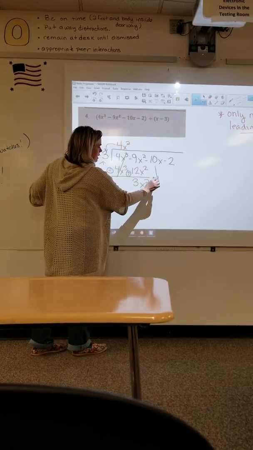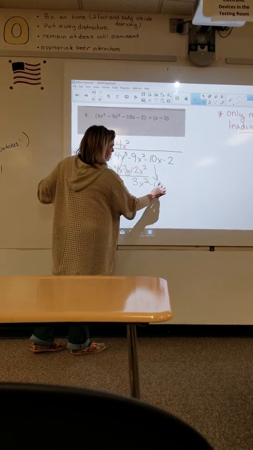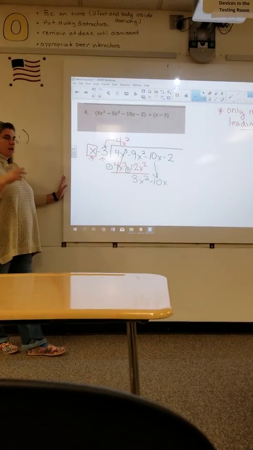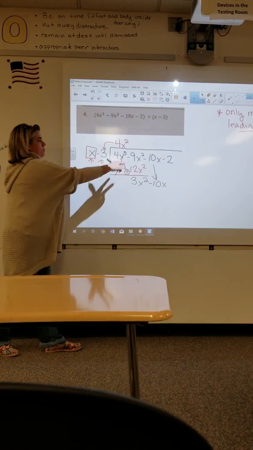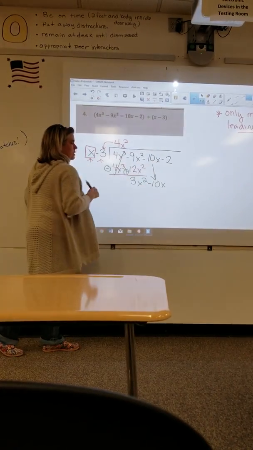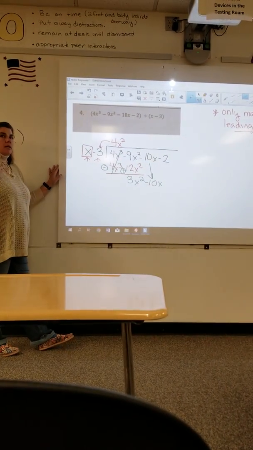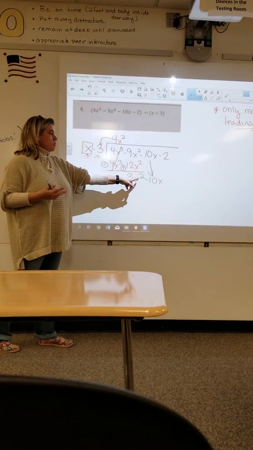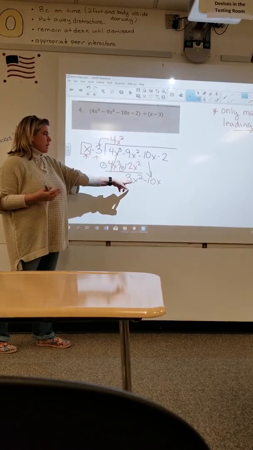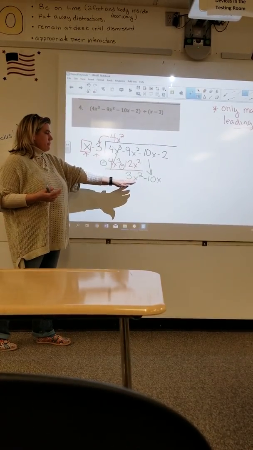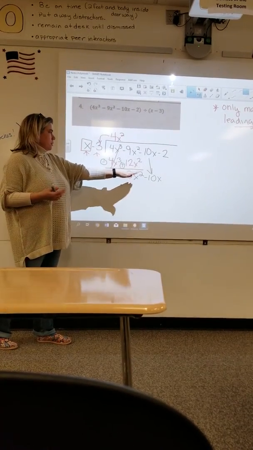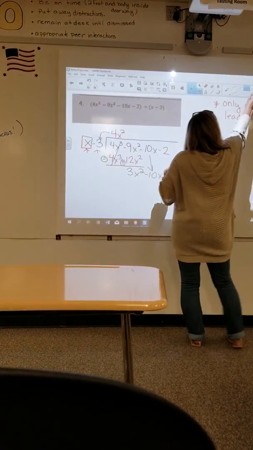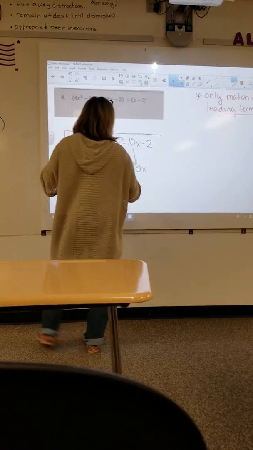Now we're going to pull down the negative 10x. So every time, if you have 2 terms here, you're going to pull down to have 2 terms in each line. Now what's your leading term? Now the new one is your 3x squared. So now you're going to look at it and go, okay, 3x squared, what do I need to multiply to x? The first thing we need is a 3.